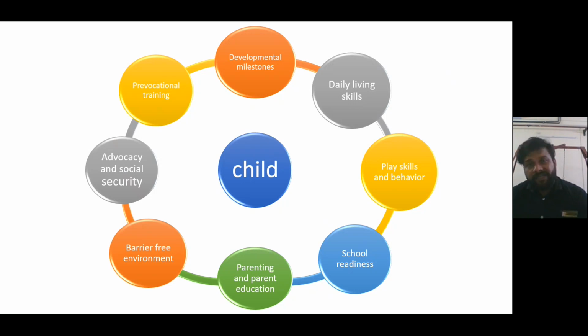So we find out the child's abilities and interests, and as occupational therapists, we help them explore different areas of pre-vocational activities, so that they can excel in that area, and later on they can choose a career in it.